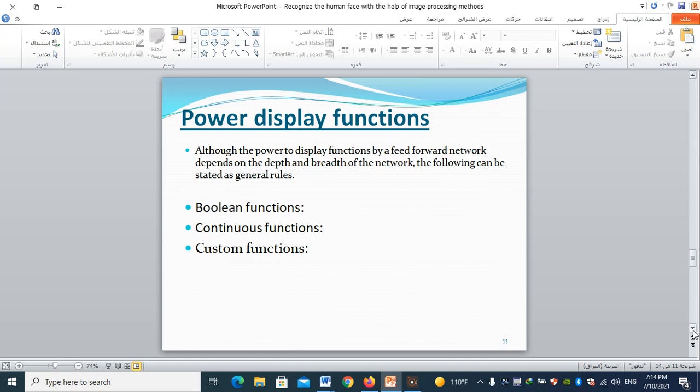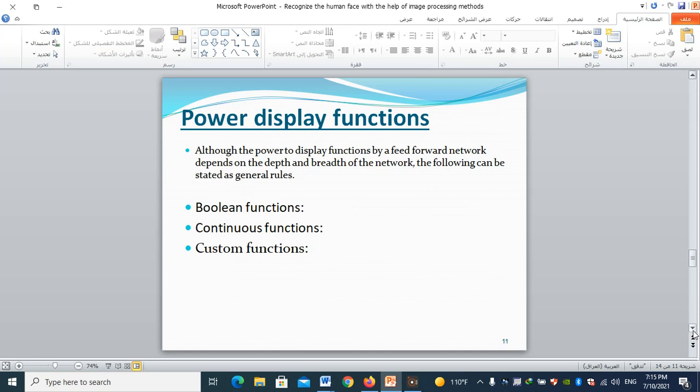Power of display function. Although the power of display function by feedforward networks depends on the depth and breadth of the network, the following can be stated as general rules. The first one is Boolean functions. Each Boolean function can be implemented by a two-tier network. The second one is continuous functions.